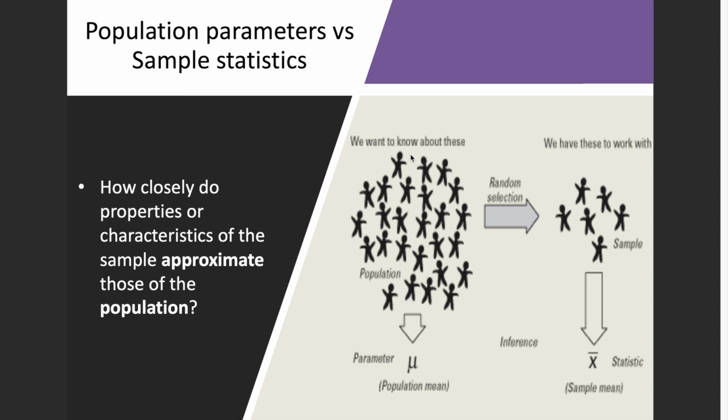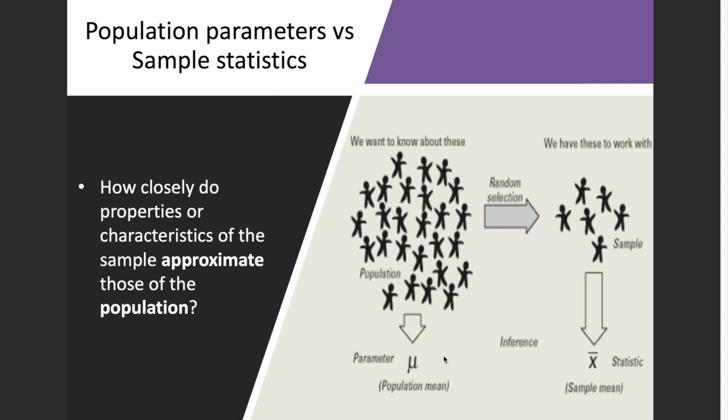So if you look at this, you have a very large population. You want to know about them, this very large population. So you randomly select a sample for you to work with, and then you measure them. You get their sample statistics, you get the sample mean, and so on and so forth. And then you infer the parameter denoted by mu, no?